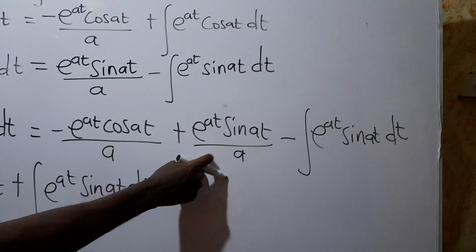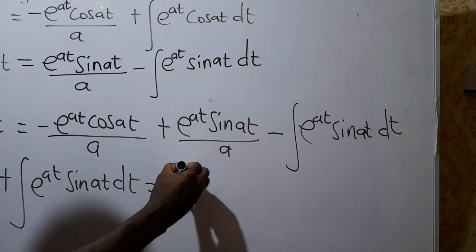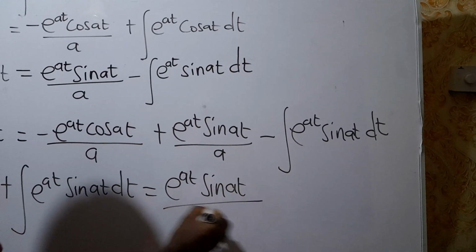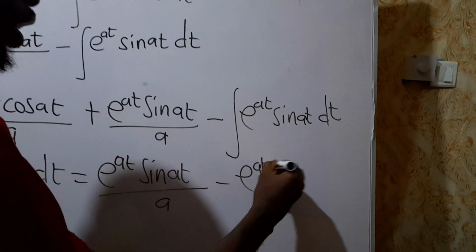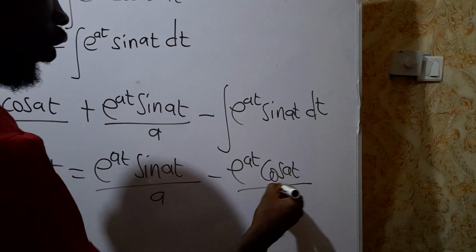Then I want to write this one first, since this is negative. Will be equal to e^(at) sin(at) over a minus e^(at) cos(at) over a.